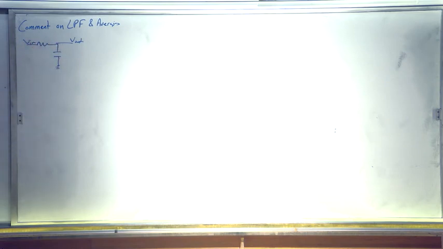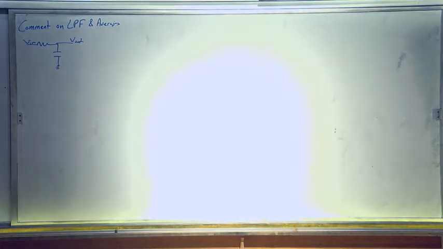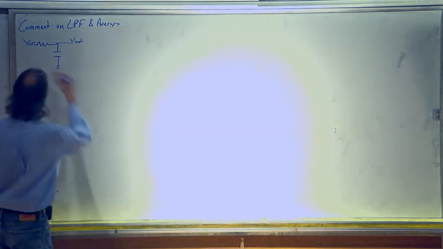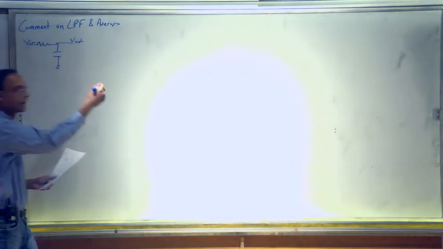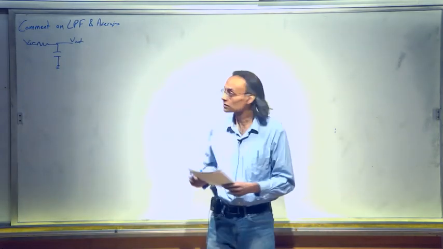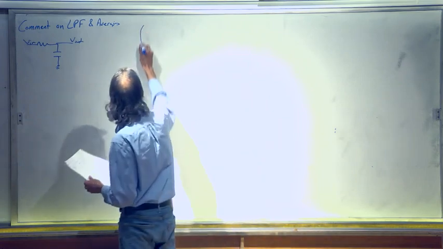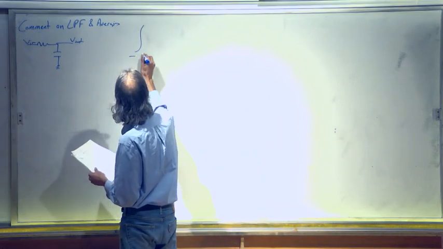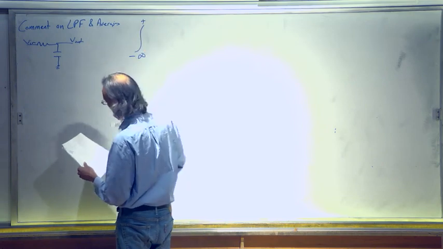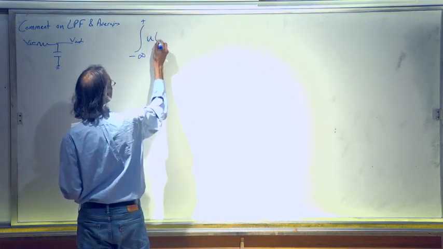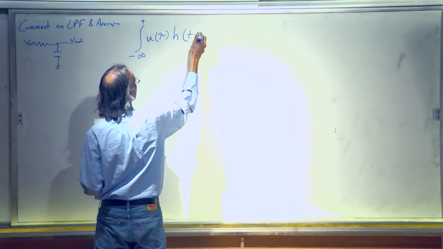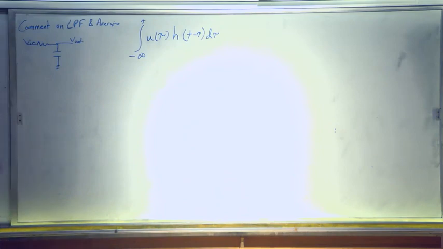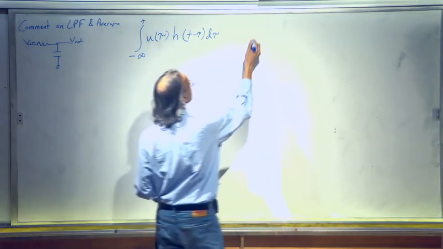What connects these two pictures is that this is a continuous time differential equation, and the solution of linear continuous time differential equations involves integrals that look like this, where this is called the convolution integral.